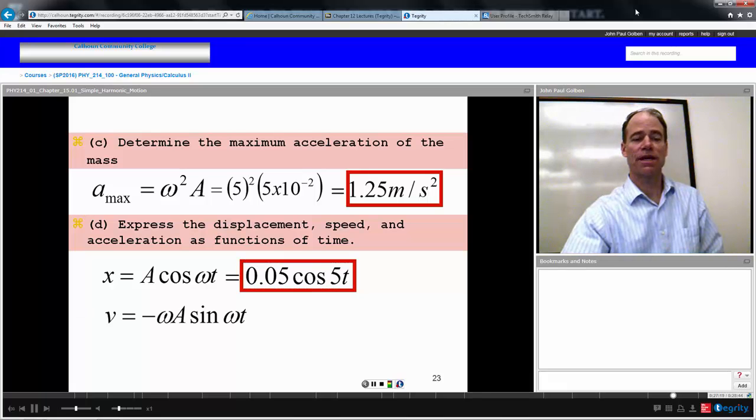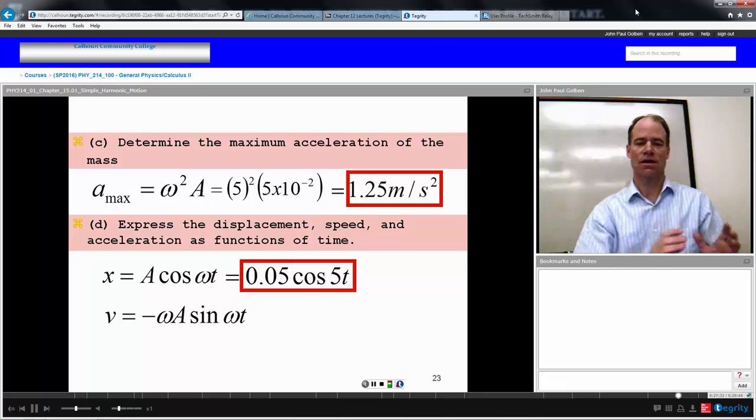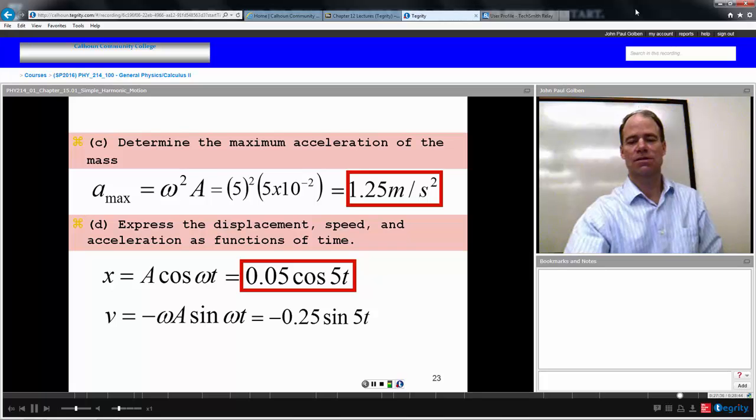The speed will be the derivative of x with respect to time. If I take the derivative of the cosine function, I get a negative sign, and take the derivative of what's inside, which will give me an omega outside, which will give me another 5. So this is going to be equal to negative 5 times 0.05, which will be 0.25, sine 5t.